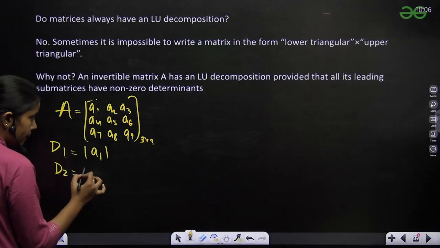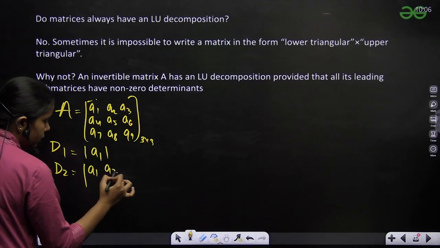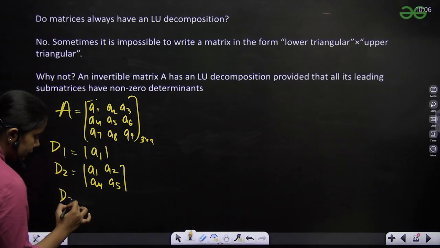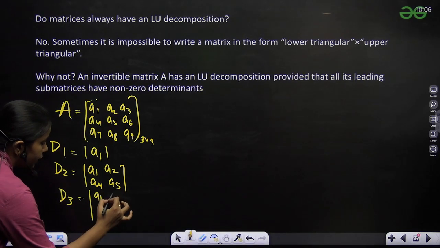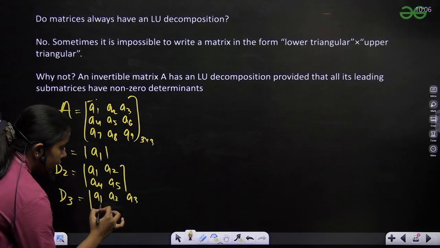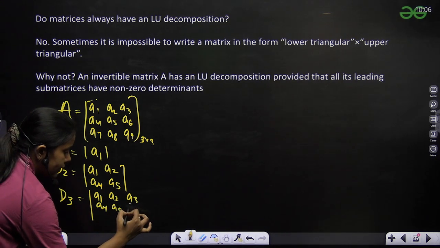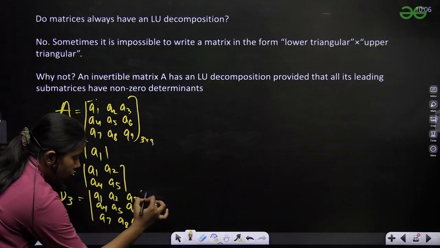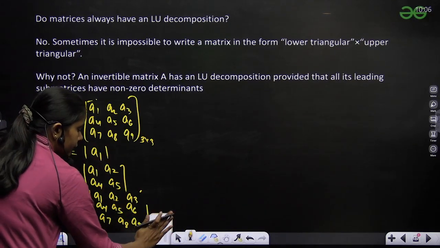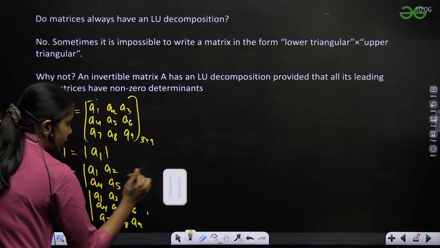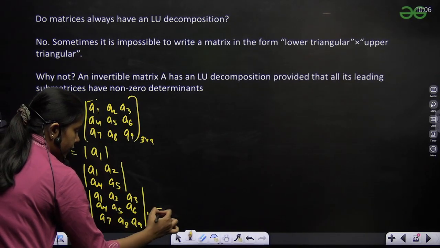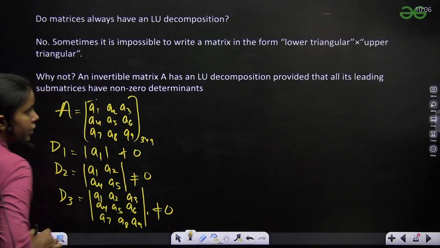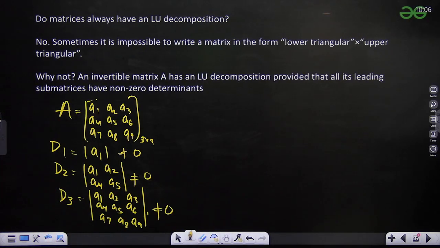D2 is the 2 cross 2 minor A1, A2, A4, A5, and then D3 is the 3 cross 3, A1 to A9. If all these leading minors have non-zero value, then we'll say that LU decomposition exists, otherwise LU decomposition does not exist.